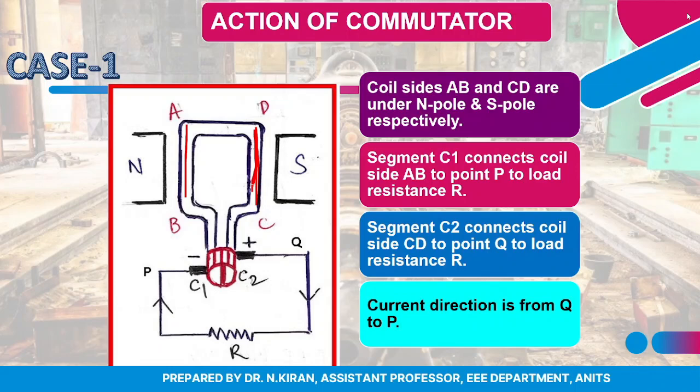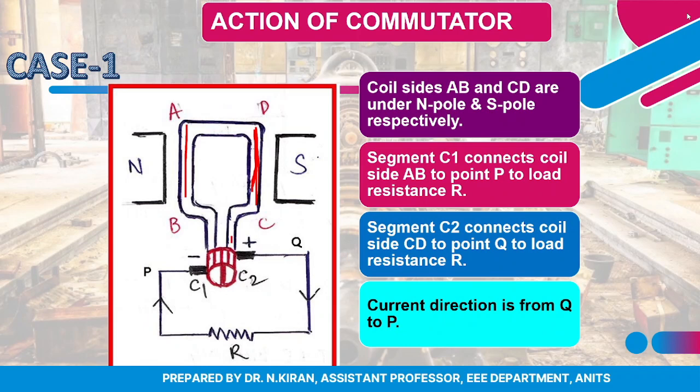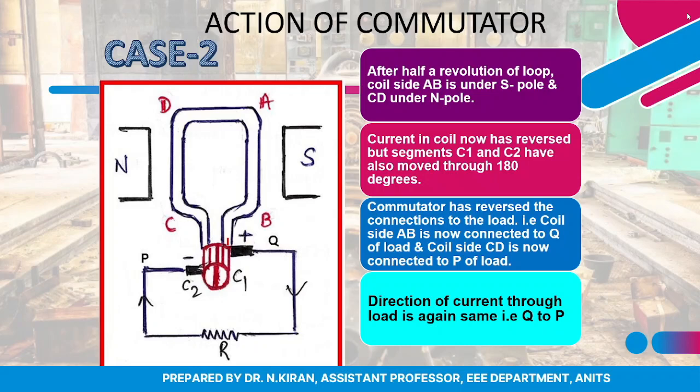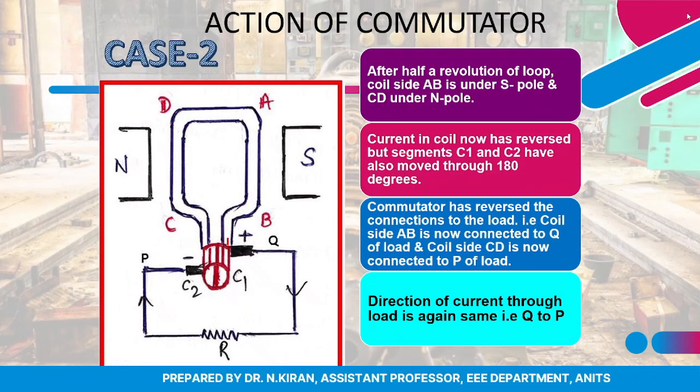AB conductor was under the influence of the north pole. Now when the same conductor comes under the influence of the south pole, you can observe the commutator segments. C1 was connected to AB, C2 is connected to CD. After 180 degrees rotation, you can see clearly from these two figures, along with the coil, commutator segments have also rotated.